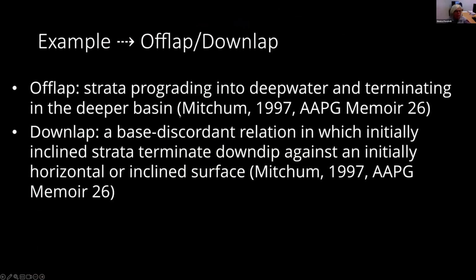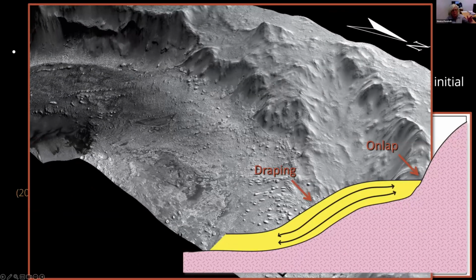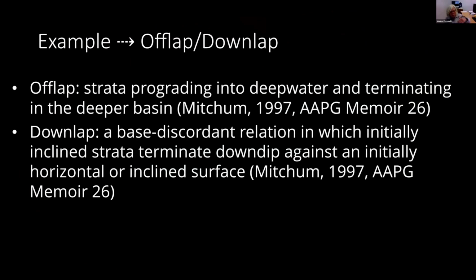Then offlap, downlap. Offlap, we have strata which are prograding into deep water and terminating in this deeper basin. Downlap is a relation in which initially inclined strata terminate against an initially horizontal surface.